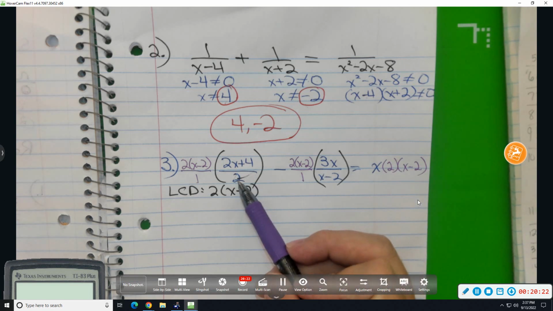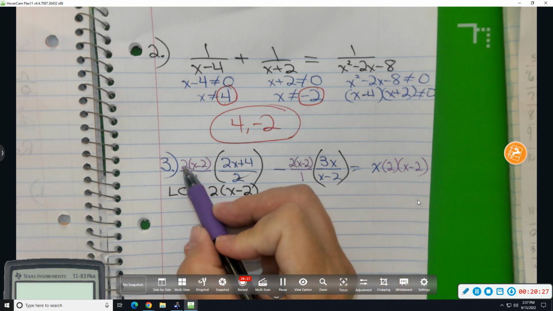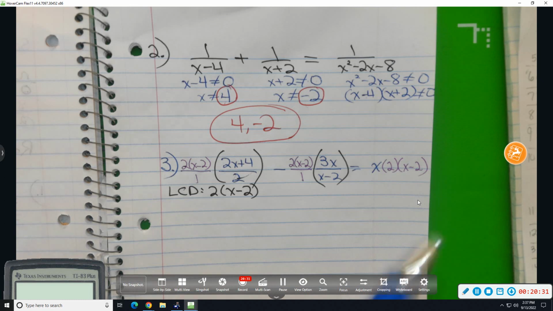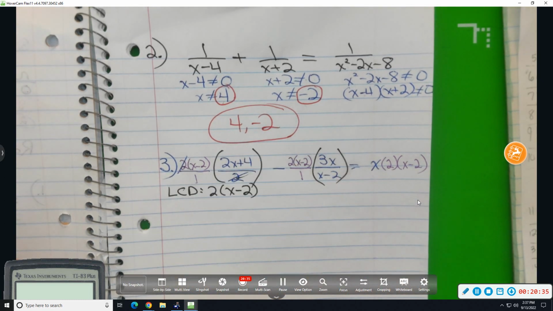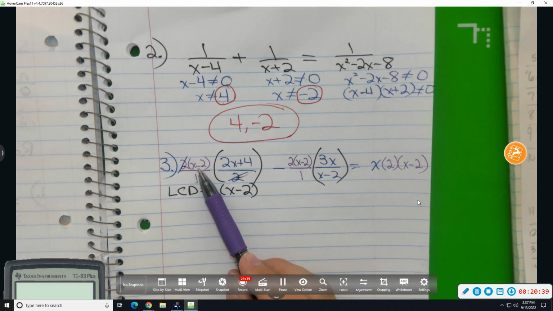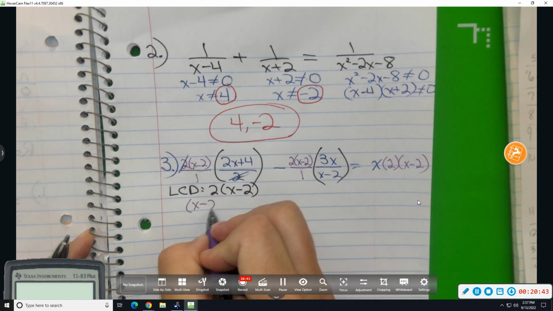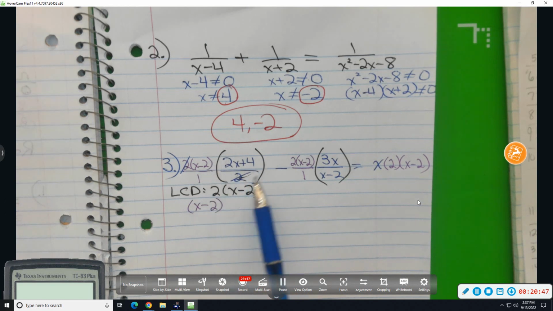Look at this first one. We have a 2 in the denominator. We can cross cancel that with that 2 up there. So we have this 2 canceling with that 2. So we still have the binomial x minus 2 times, what have we got left at this fraction?